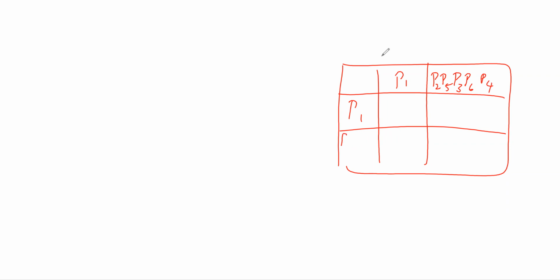Again here it is P2, P5, P3, P6, P4. All the values are there. So from here to here I calculated the distance to be 0.22, and the value of this is 0. The final one is 0.22.